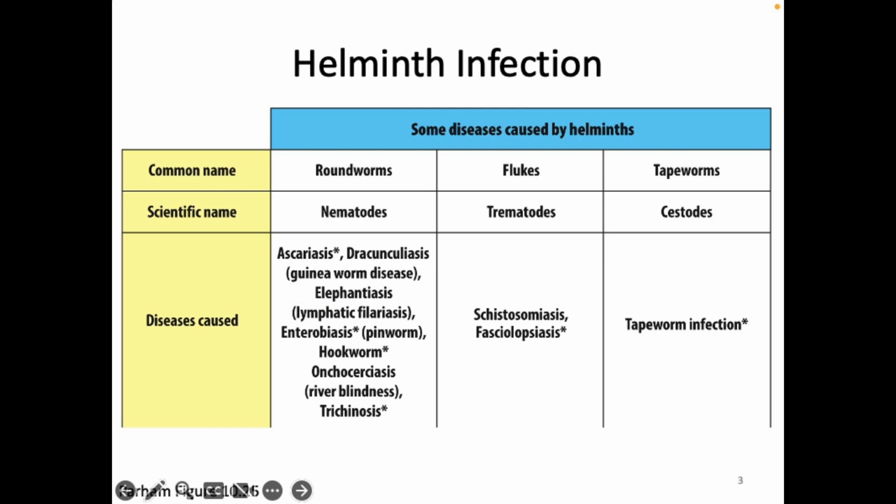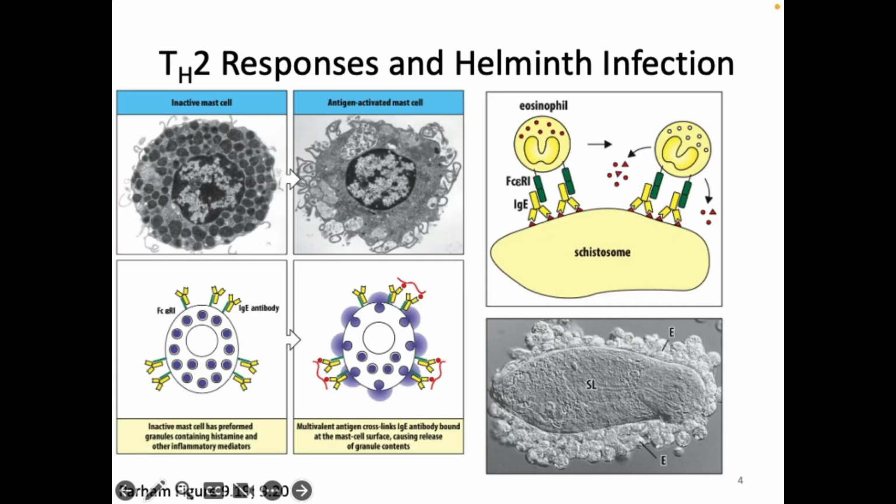Some of the pre-human hominids were probably being infected with these organisms. There is probably no situation where there were ever people who did not have Helminth infection. Because these are so important in our history, we have a really good immune response that has evolved to deal with them, and that's largely the Th2 response.